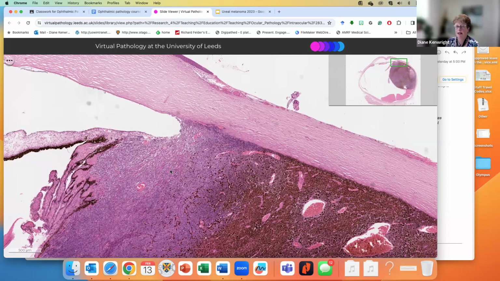I think I would probably answer it saying, what further investigations would you do? I would perform prognostic markers, BAP, PRAME, Ki67, and/or FISH for monosomy 3, 6, 8q as available.